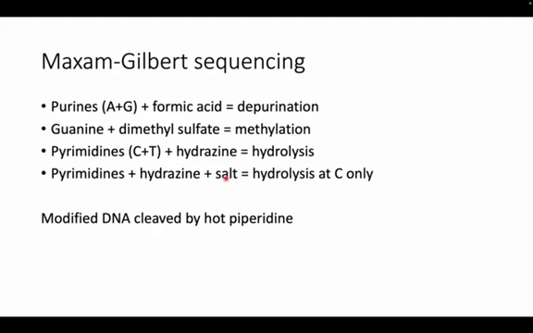When we add salt, that blocks hydrolysis at thymine, and we only get hydrolysis at cytosine bases. Okay. So what these 4 reactions are doing is modifying the DNA at various points. This modified DNA is then cleaved by hot piperidine. So it is cleaved at the phosphodiester bond after the modification.